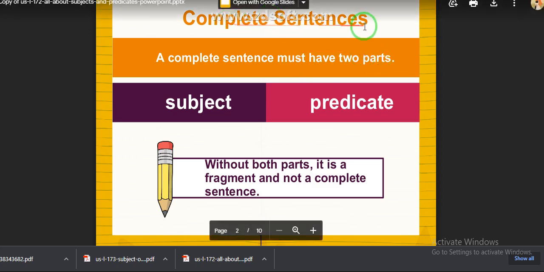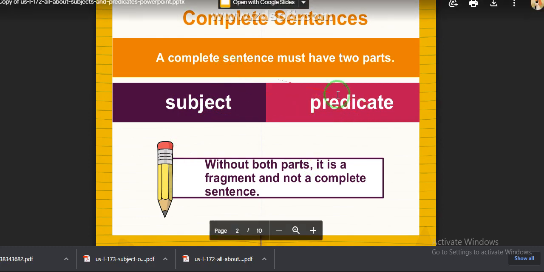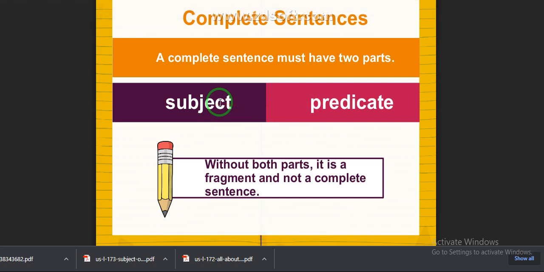So a complete sentence must have two parts, a subject and a predicate. If you only have one, for example, if you only have the predicate without the subject, this is not a complete sentence. You must have two, a subject and a predicate. Like, for example, a person must have two hands, right?